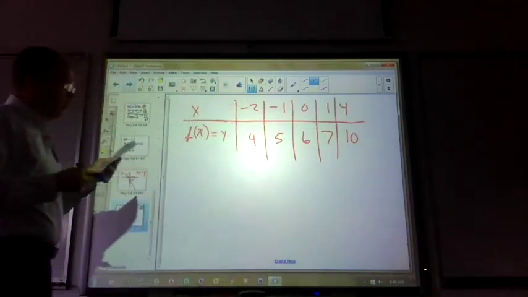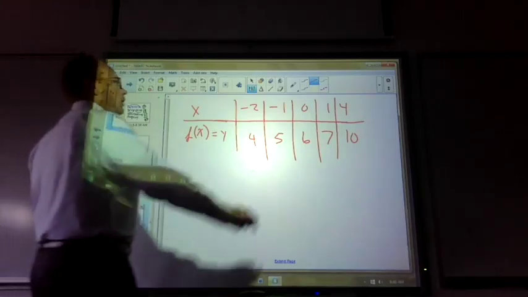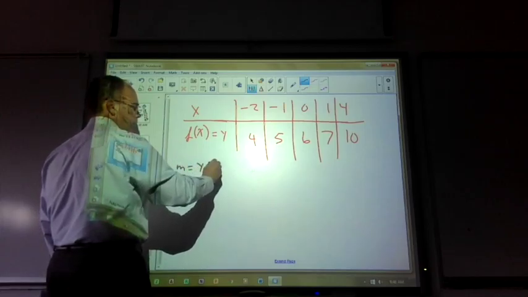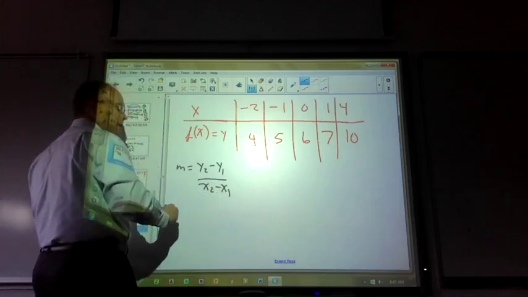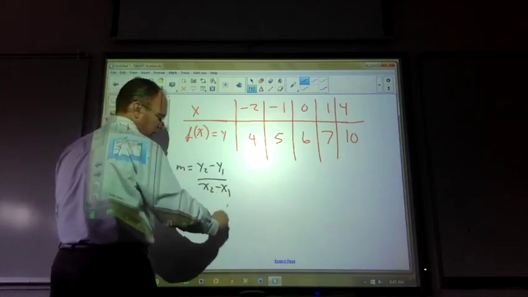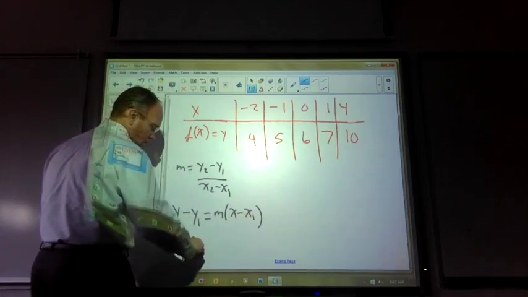Okay, for example 2, this is going to be a linear model. So the things we have to remember, find the slope first. And then the one that you have to remember is use point slope. That's one we haven't seen in a while. And then you solve for y.